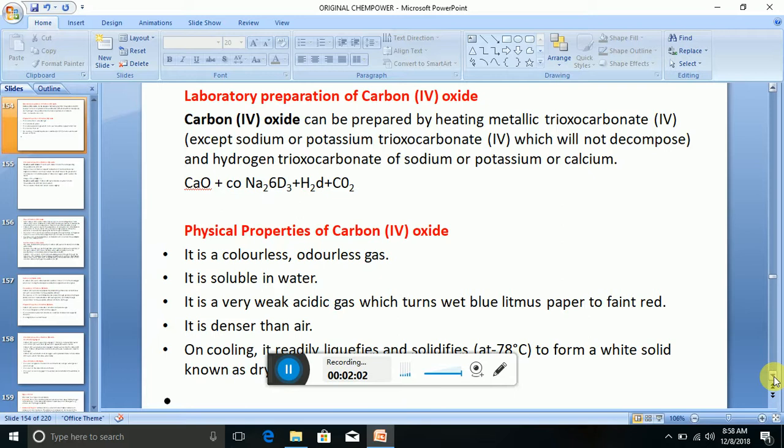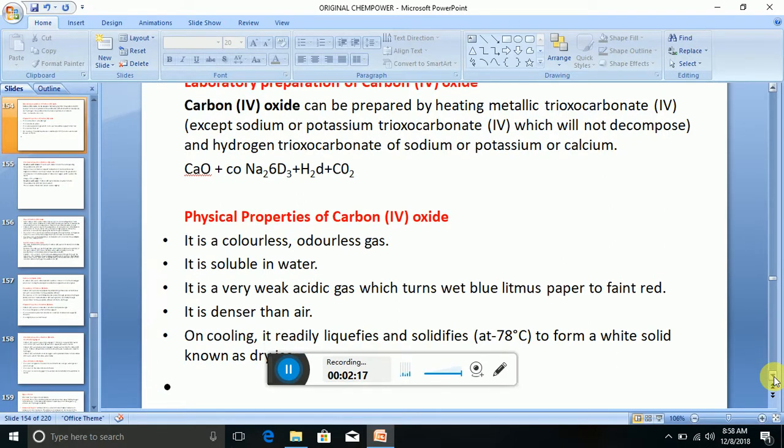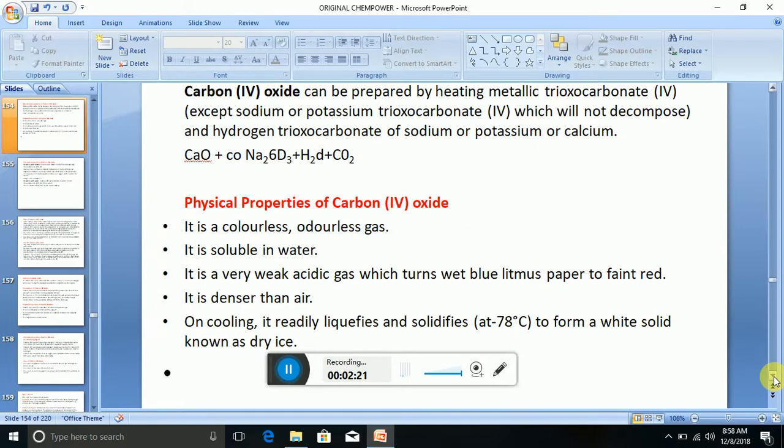It is denser than air. On cooling, it readily liquefies and solidifies at minus 78 degrees Celsius to form a white solid known as dry ice.